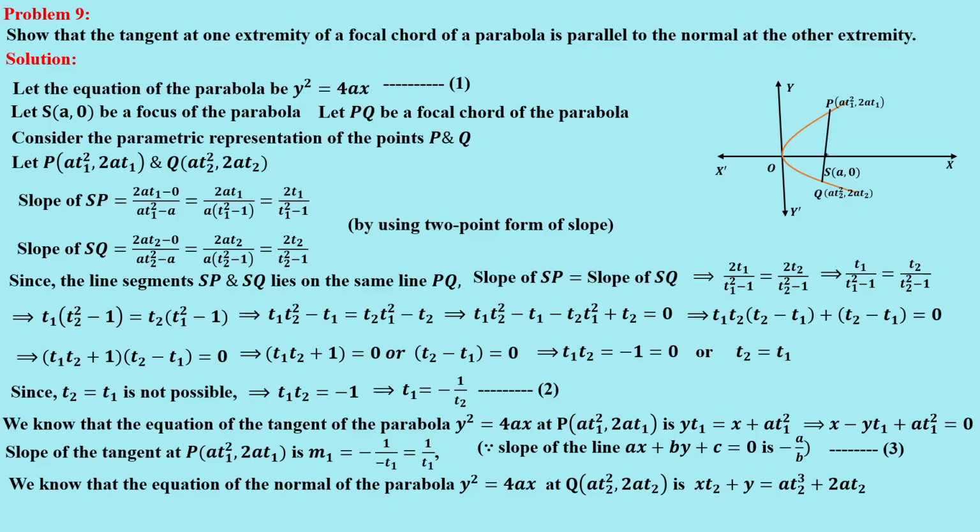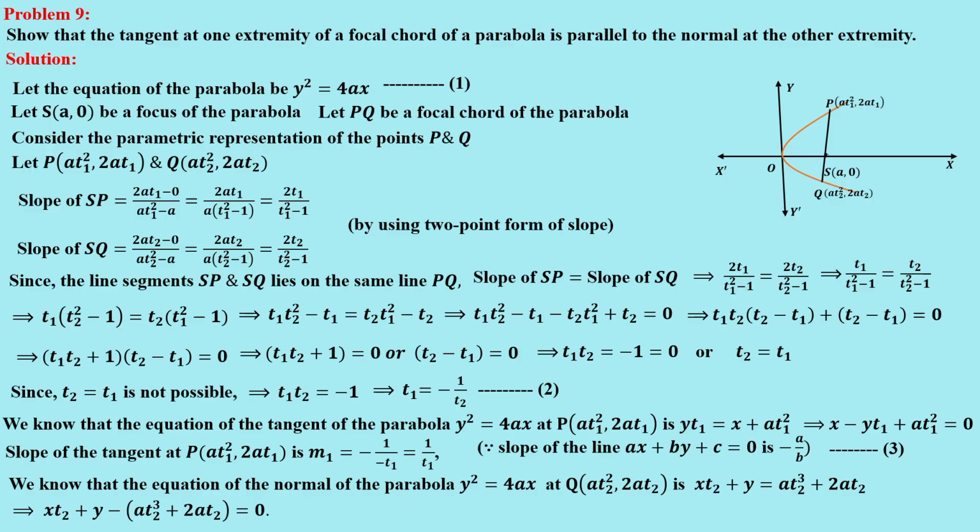We know the equation of the normal at the point (at2 square, 2at2) is, this is also a formula, xt2 plus y is equal to at2 cube plus 2at2. So make it the standard form of a straight line. First x term, xt2, plus y minus the constant term, at2 cube plus 2at2, equal to 0.